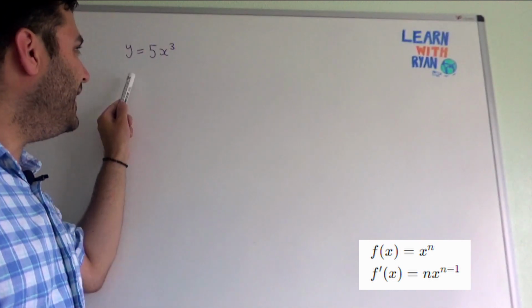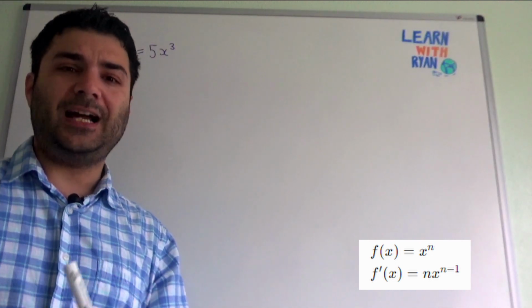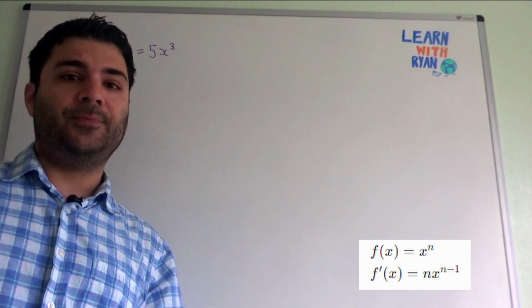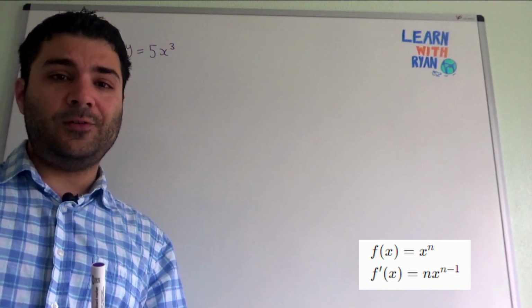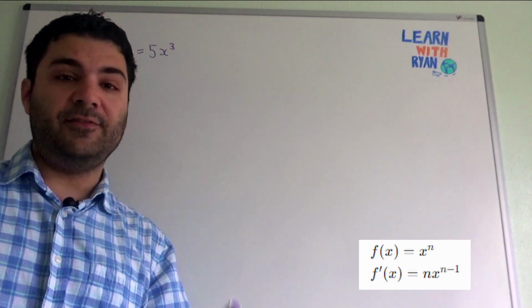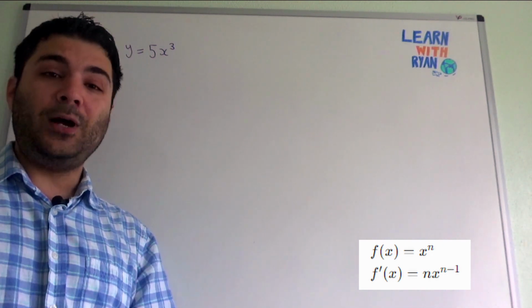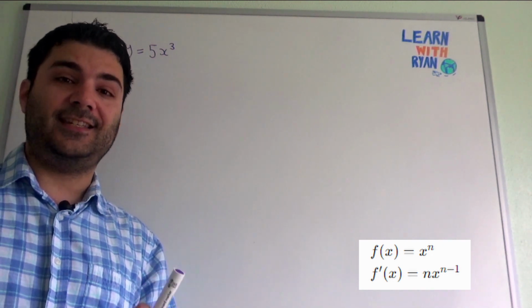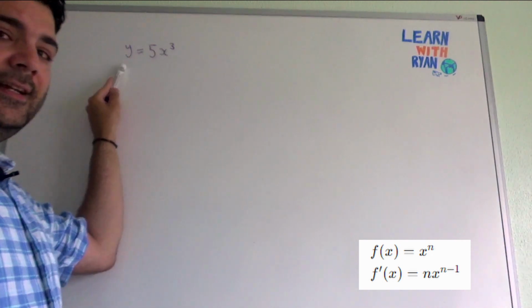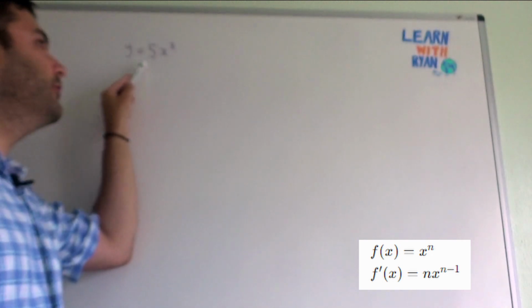Suppose we've got y equals 5x cubed, and we want to differentiate it. Now, so far, the notation we've looked at for the derivative of a function is f prime of x. However, we're not dealing with f of x here. We've got y instead, y equals.